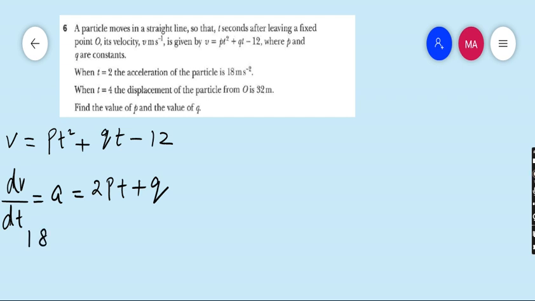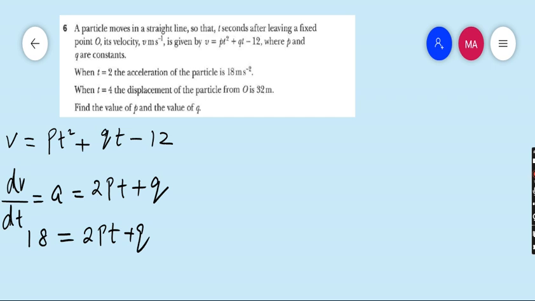Acceleration is given, which is equal to 18. So 18 is equal to 2pt plus q.